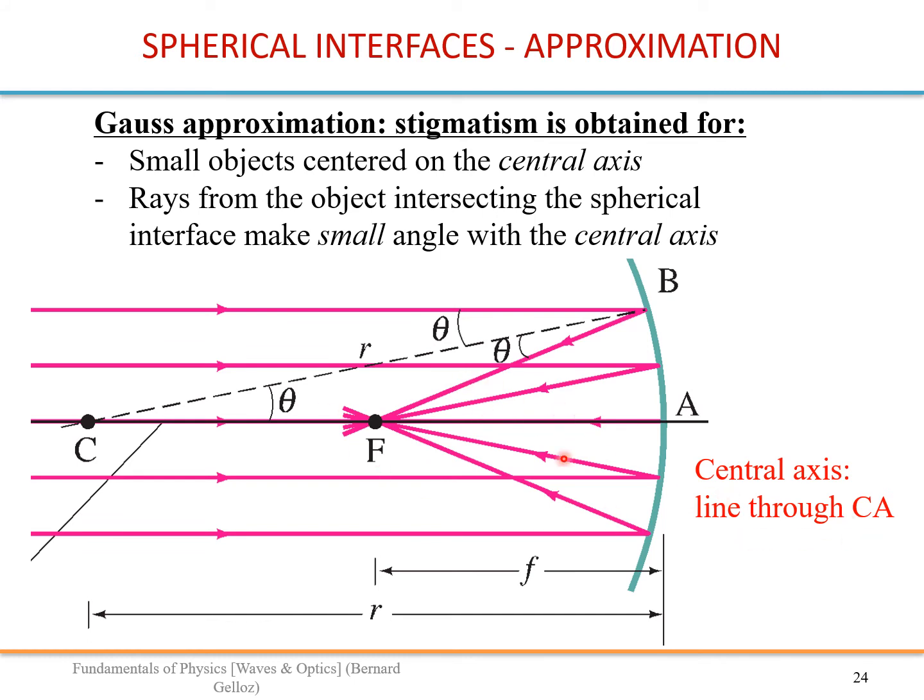Basically we usually call C the distance from the central axis to the mirror, which is the radius of the mirror, so it's the center of the circle, in some sense, of the sphere. And F is for the focus point.